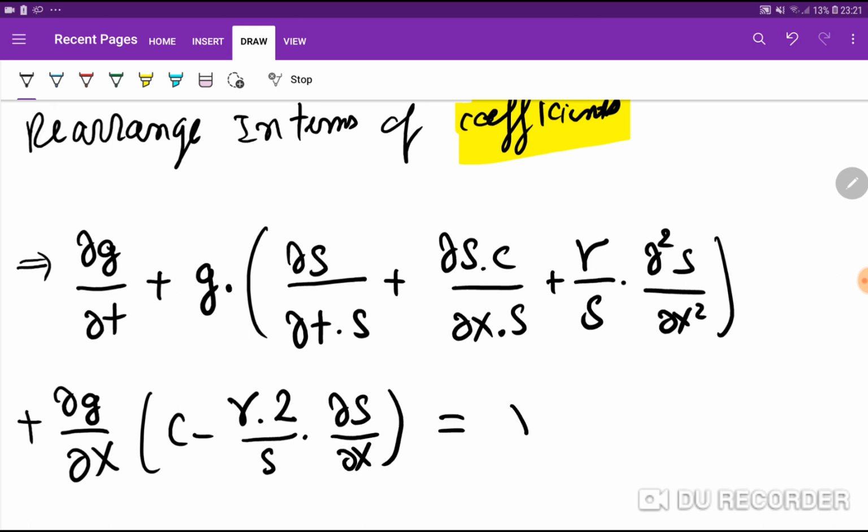All this equals mu times partial square of g with respect to x.